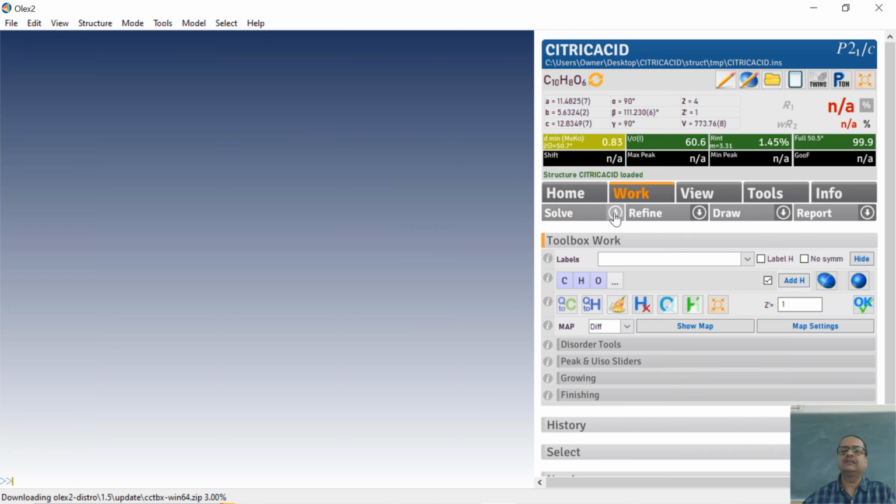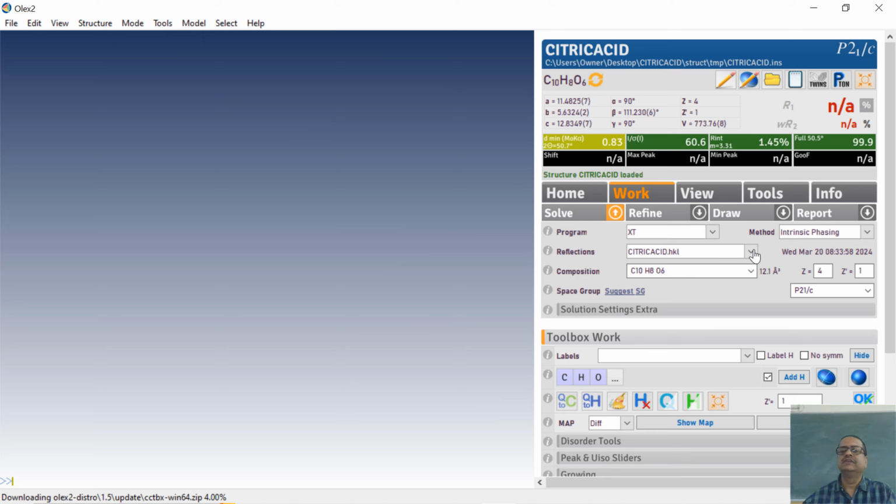So we click on work, go to solve, and under solve you have options of XS or XT. So we use XT, and we have only one HKL file inside the folder. If you had multiple HKL files, then it will show in the drop down menu how many HKL files are there in your folder. So you just ask it to solve.